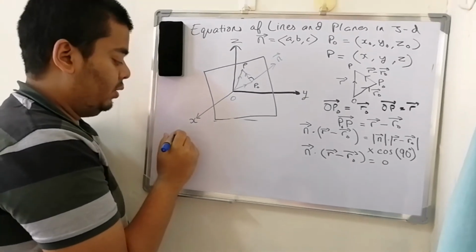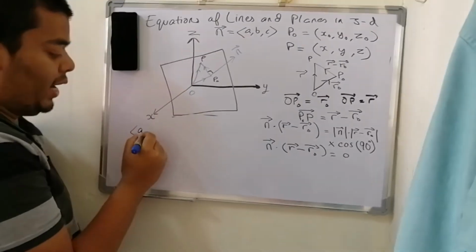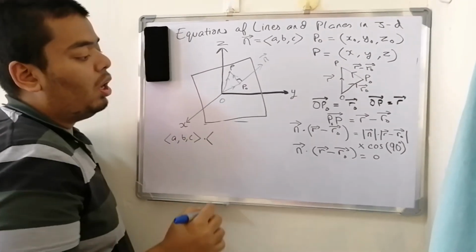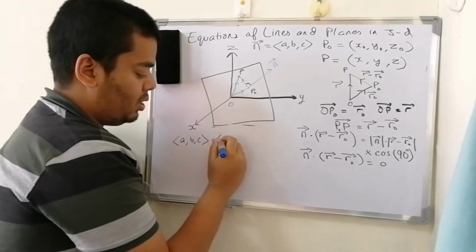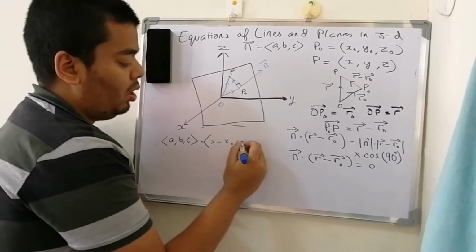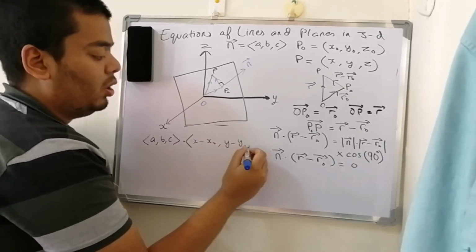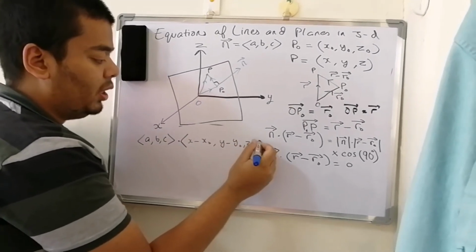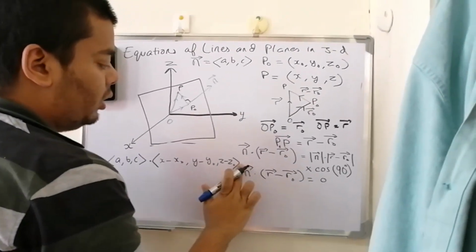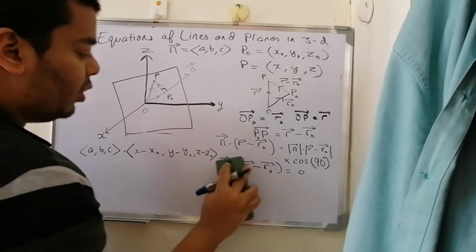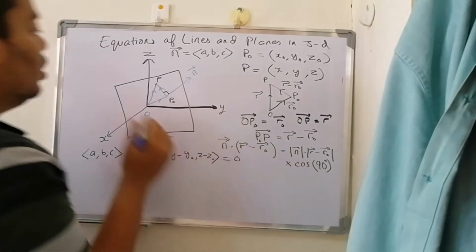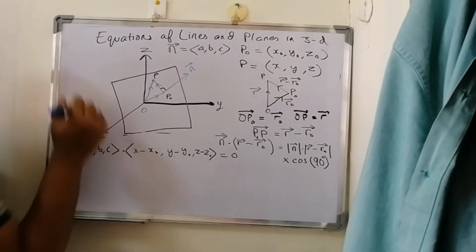So n is the vector a comma b comma c dot R minus R naught. We can write it as x minus x naught, comma y minus y naught, comma z minus z naught, and this is equal to 0. I'll write the general equation here.